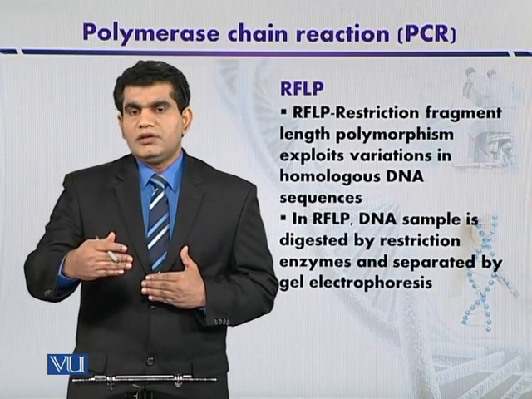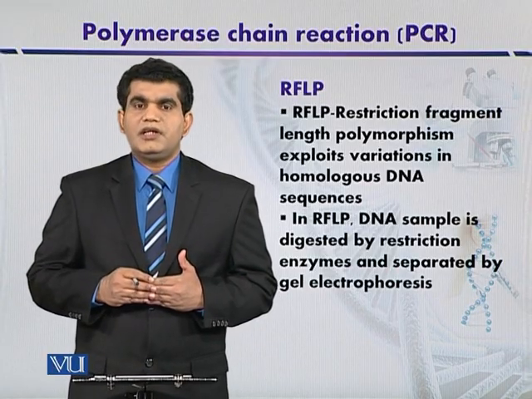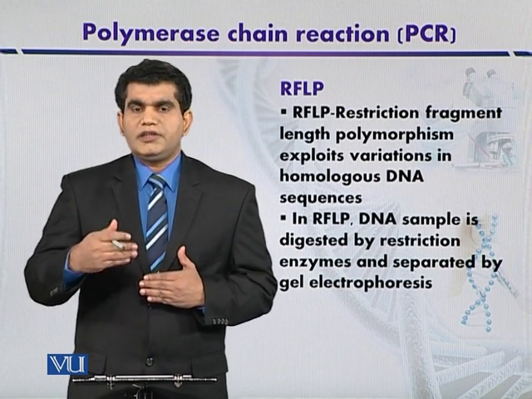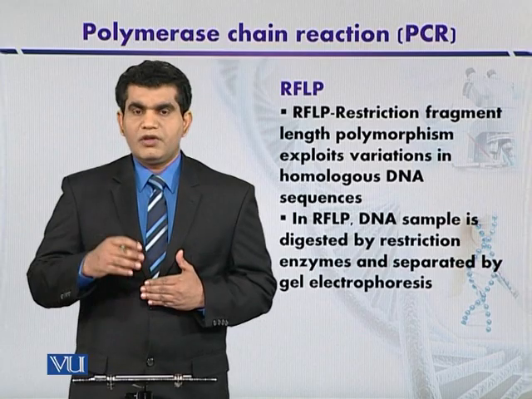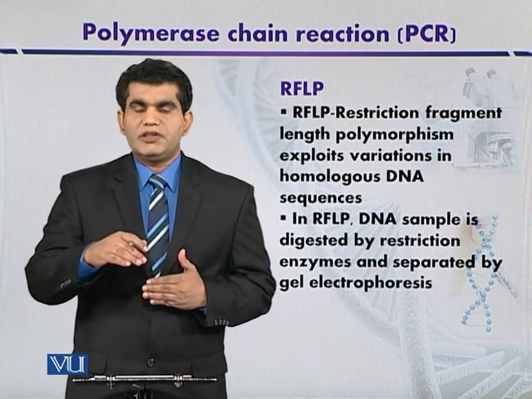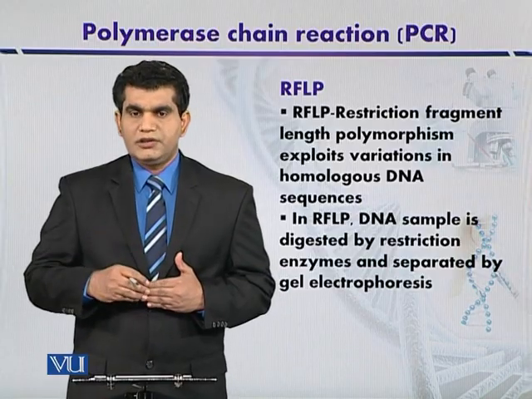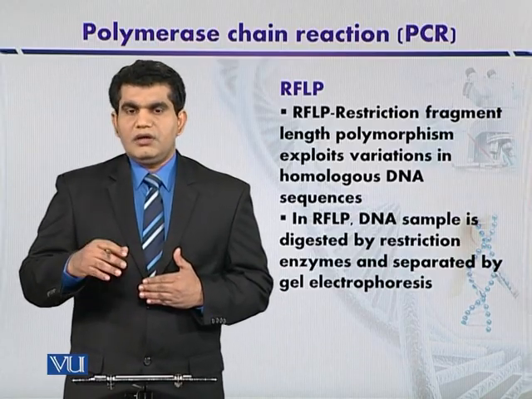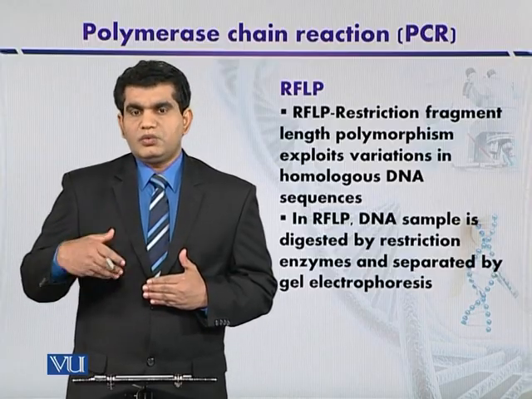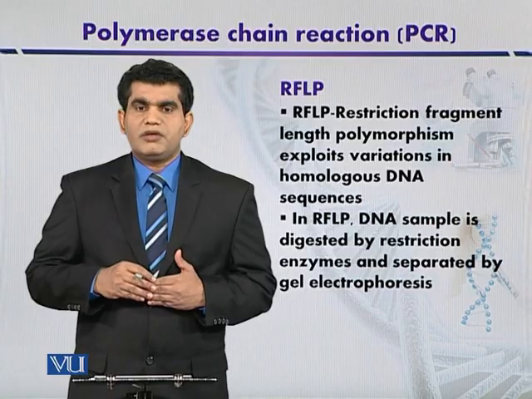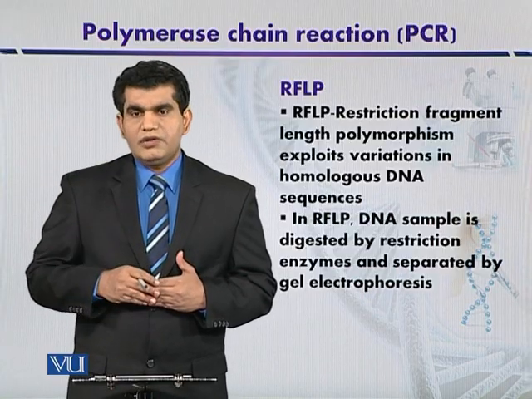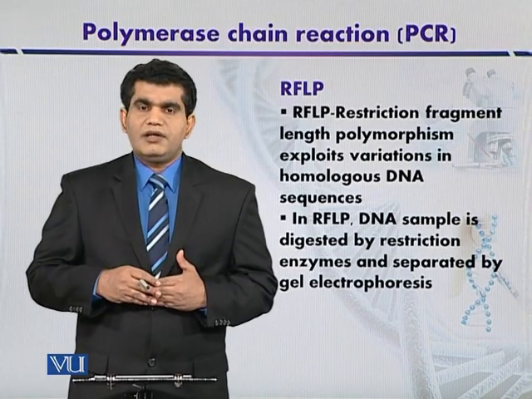Now this restriction pattern has been used extensively in the study of forensic sciences, where a particular individual can be linked with certain crimes or legal matters. Initially fingerprinting was used, but later on, due to advancements in the techniques of molecular biology, the DNA fingerprinting technique was developed.